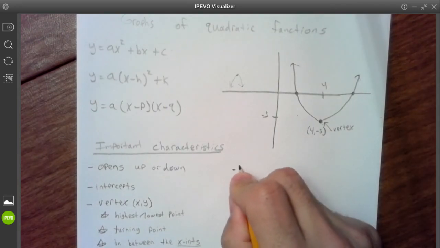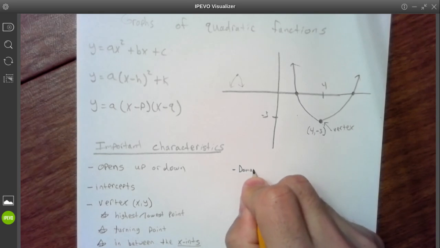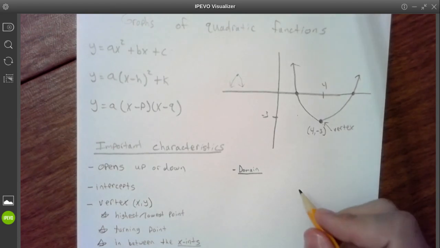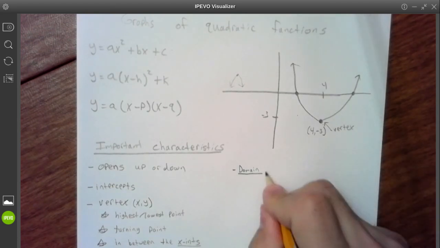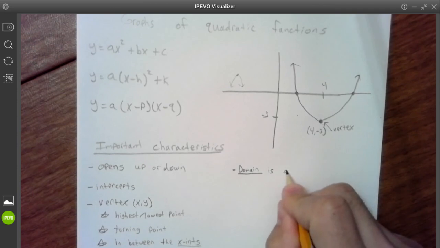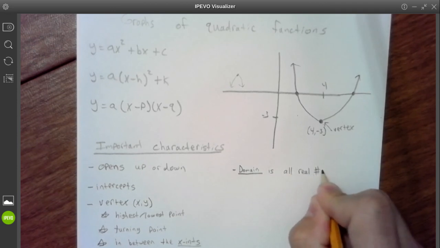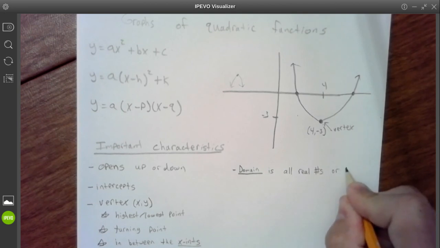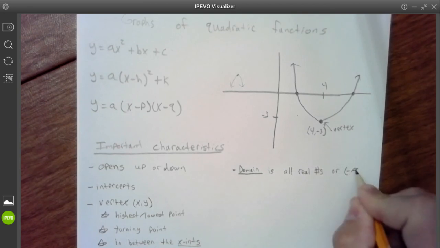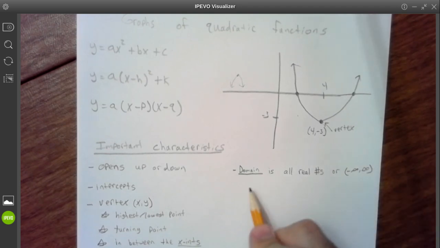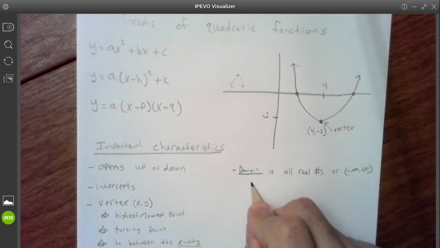We're going to talk about the domain of a function, the domain of a quadratic. For a quadratic, it's pretty easy. It's always the same. The domain is going to be all real numbers, or you could describe it as negative infinity to infinity.